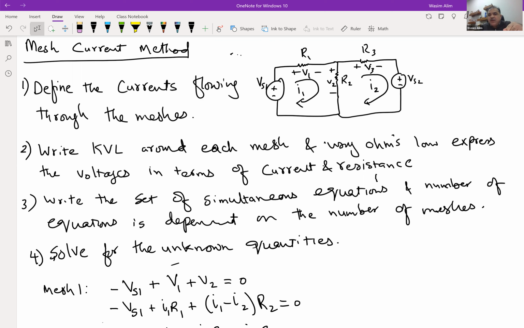So this is going to be expressed in that way. Now, one thing to notice here, to correctly write these equations, when you are considering R2, from mesh number 2, you will have to write the polarity of this.